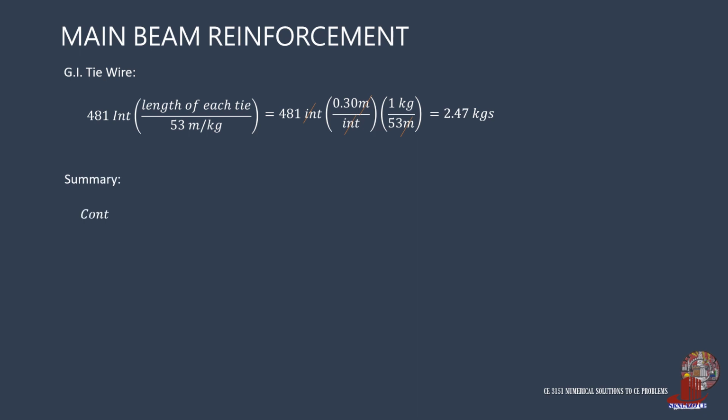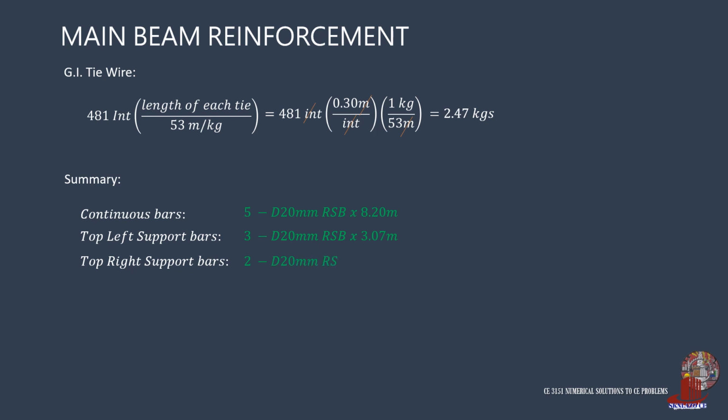So in summary, there are 5 D20 by 8.2 meters continuous bars, 3 D20 by 3.07 meters top left support bars. The top right support also has 2 D20 bars by the same length. Then, the bottom midspan contains 3 bars by 4.65 meters.